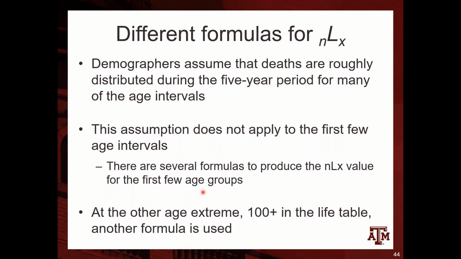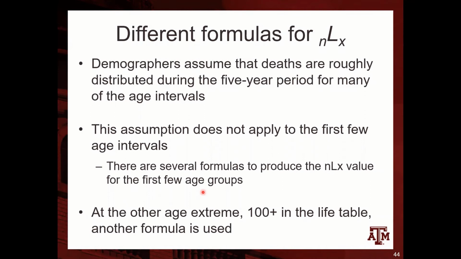So the thing is that for babies who are born and die before reaching age 1, they are more likely to die closer to age 0 than to age 1. So we have a specific formula for that. Children between the ages of 1 and 4 usually die closer to age 1 than to age 4. Okay?